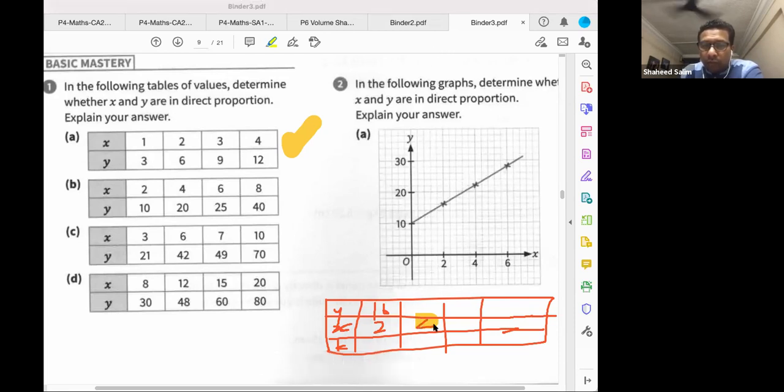X is 4. Y is how much? 22. Then X is 6, Y is 28.